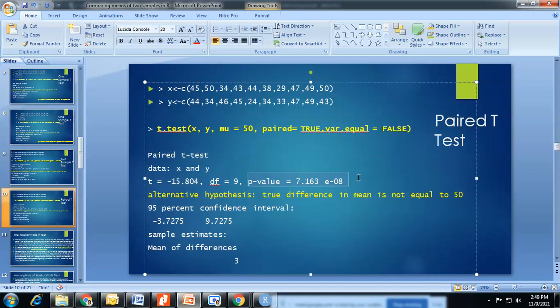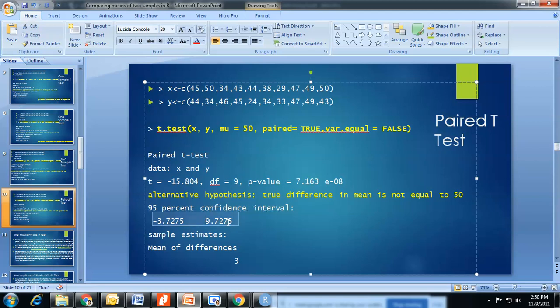The p value is again 7.16 e raised to the power minus 08. The alternative hypothesis states the true difference in mean is not equal to 50. We have taken the mean as 50 here, but we know that it is not 50, it is much less than that. The mean of differences is 3, because the 95% confidence interval we are getting is minus 3.7 and 9.7.